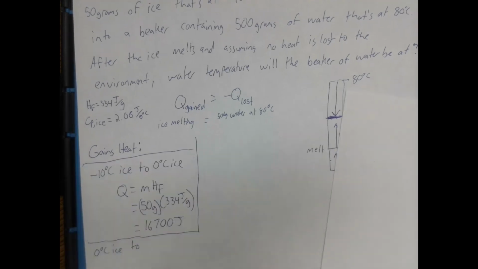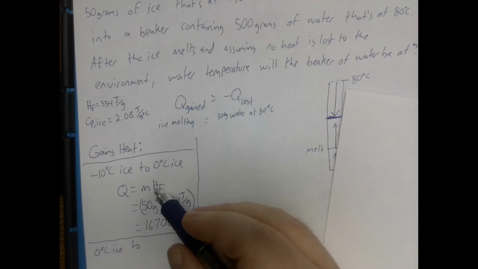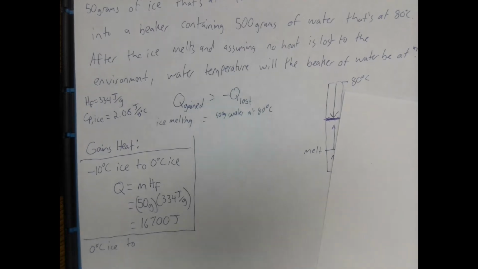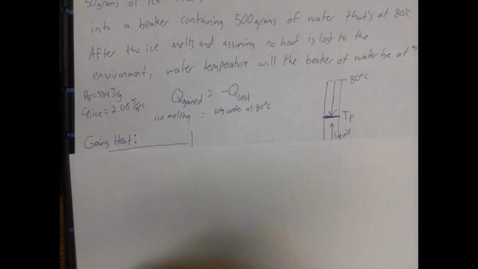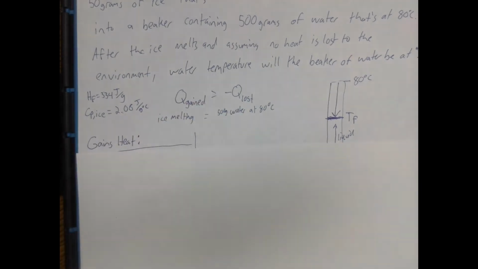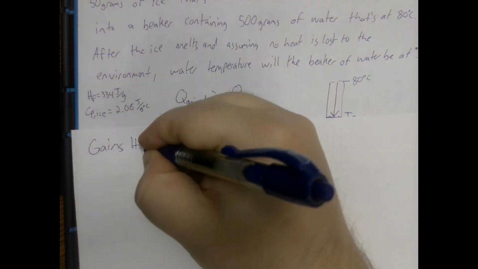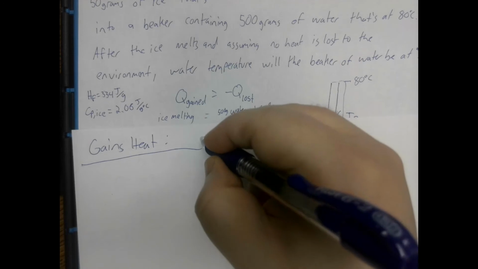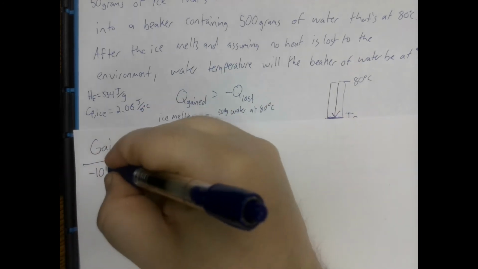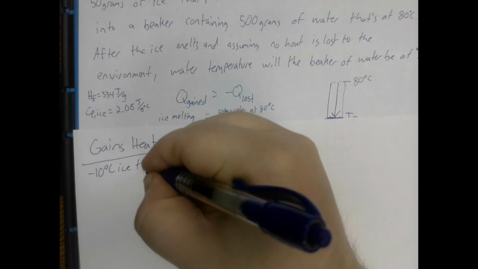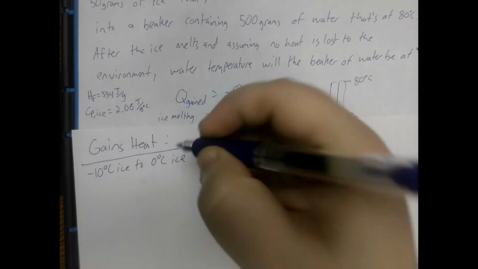Which is the correct equation to use? Temperature change. I was too busy trying to write these values down. I wrote that one first, so I used it first. Sorry about that. So, on the gains heat side, we're going from negative 10 degrees Celsius ice to 0 degrees Celsius ice.